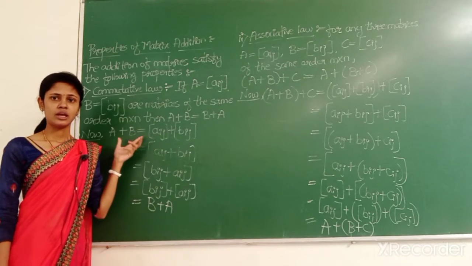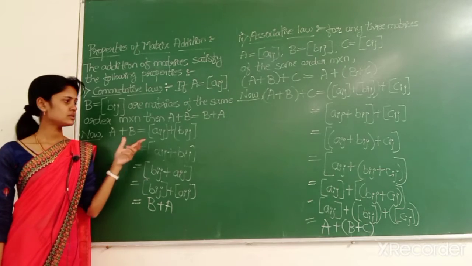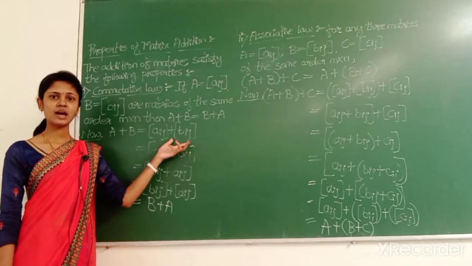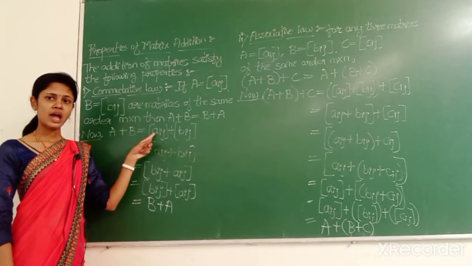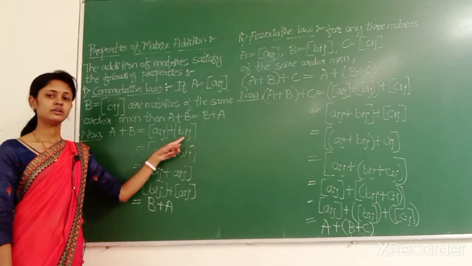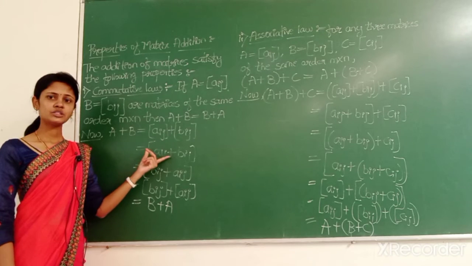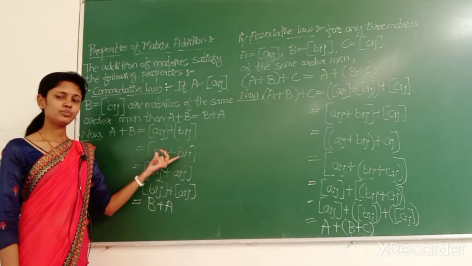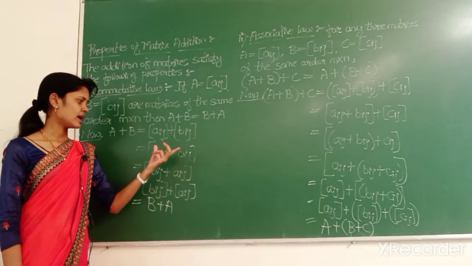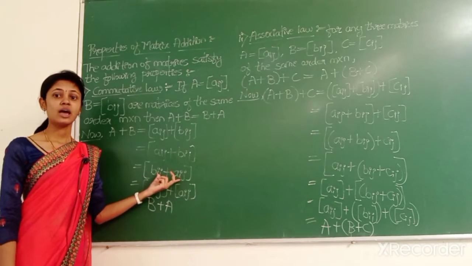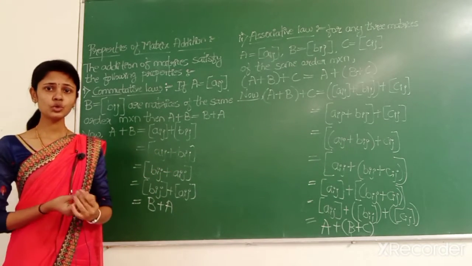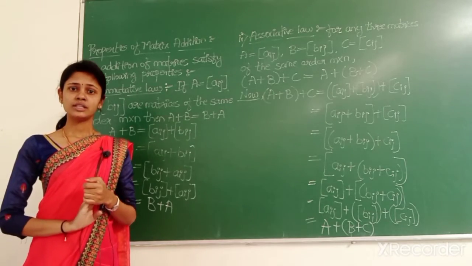That means A and B are two matrices, and Aij and Bij are the elements in those matrices. So Aij + Bij can also be written in a square bracket as [Aij + Bij], and this can be written as [Bij + Aij], just as 2 + 3 = 3 + 2.